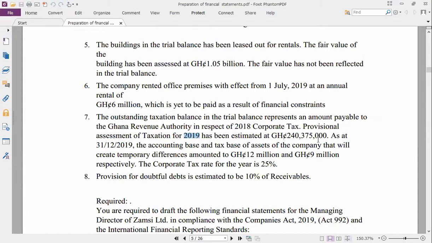Good. So that's the current year tax provision because even though they didn't say current, they say corporate tax provision or tax assessment for 2019. Even though the current year is not there, they've included the year in question to be 2019.